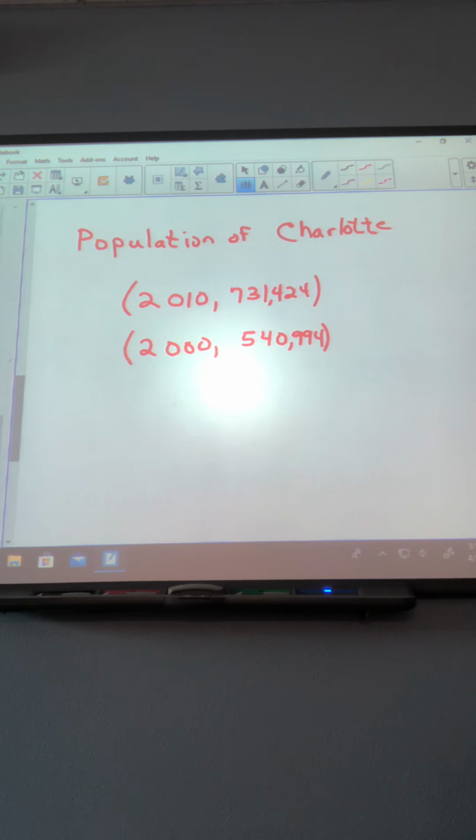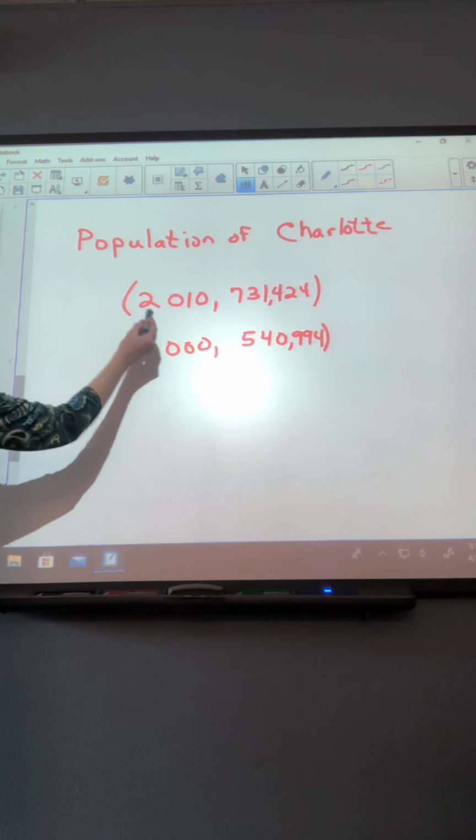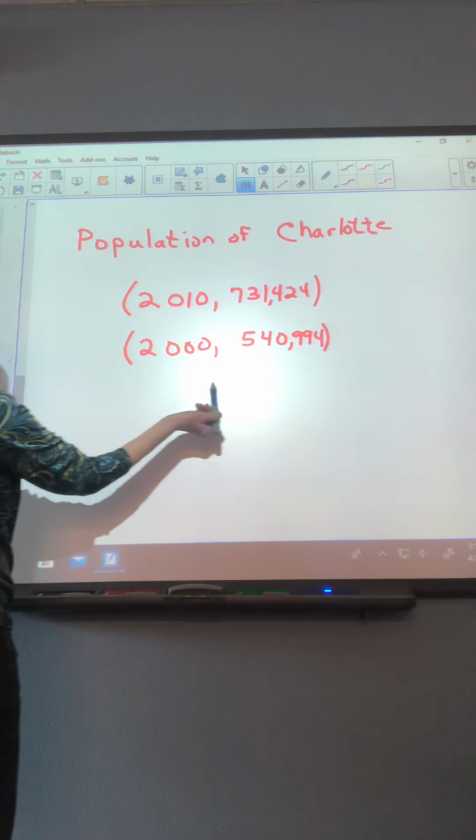And so you can see that in 2010, the population of Charlotte was 731,424. And the population of Charlotte in 2000 was 540,994.